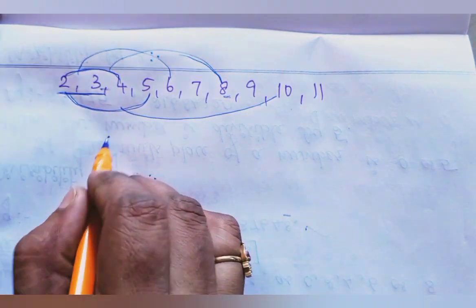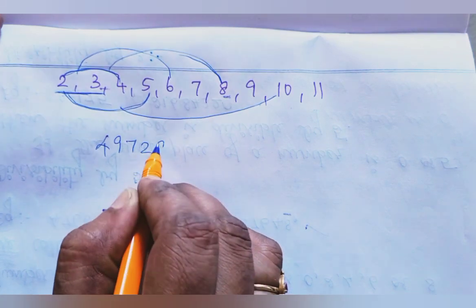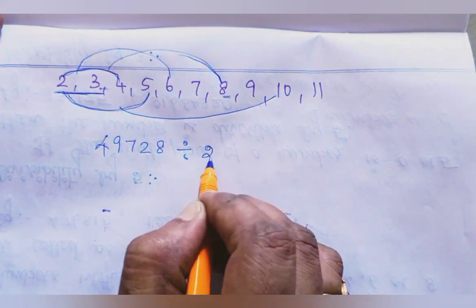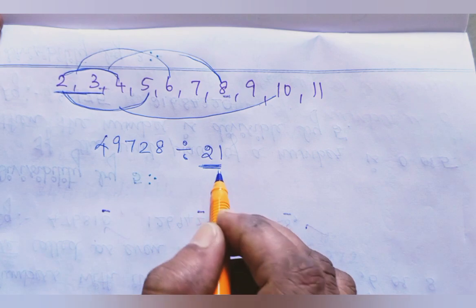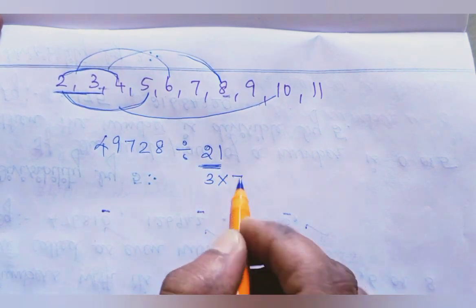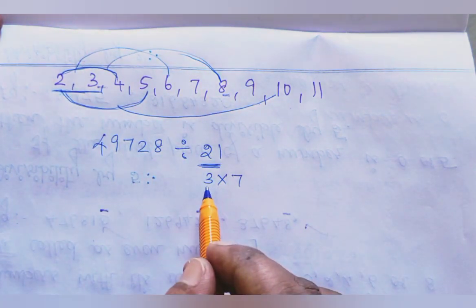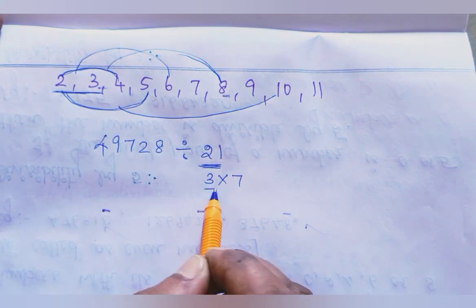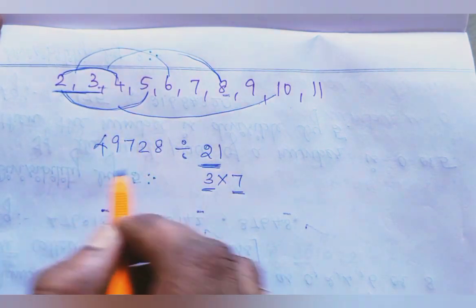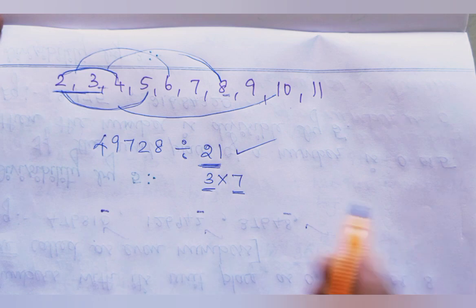If we want to check whether 49,728 is divisible by 21 or not, we have to split 21 into 3 into 7, whose rules we know. If this number is divisible by 3 and also 7, this number is completely divisible by 21.